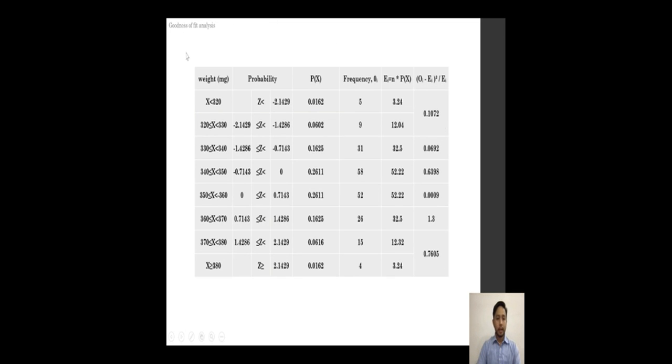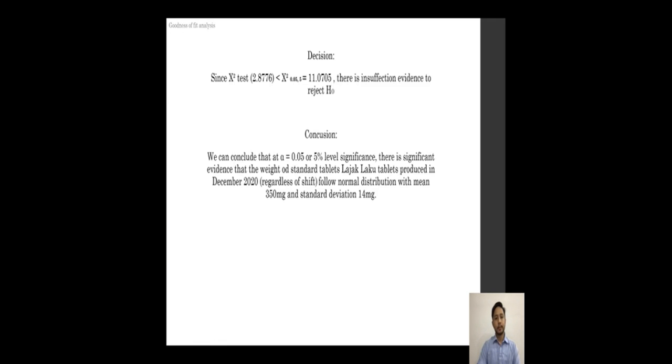Okay, for the analysis on this table, we already summarize the data, the probability, the frequency, and the x square test on my right side, Oi minus Ei squared divided by Ei. This is the final result for the x square test, and we will sum all of these and see if it rejects or follows the test.